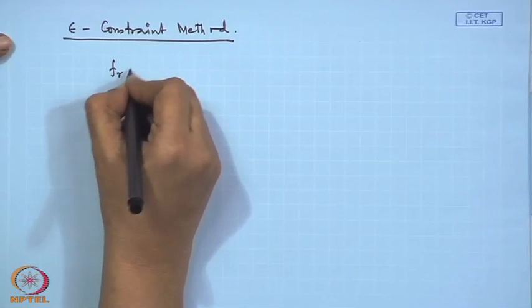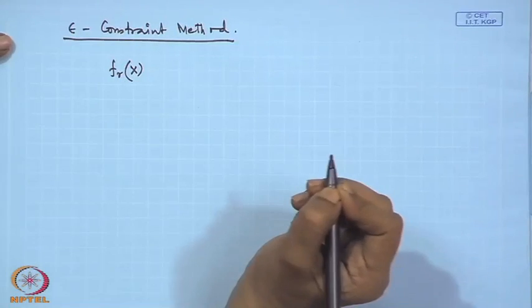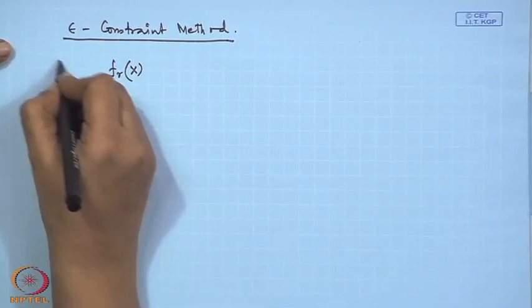That means, we have the model: maximize f1x, f2x, fkx, and if I feel that some r is the most important function for us, then what we will do?